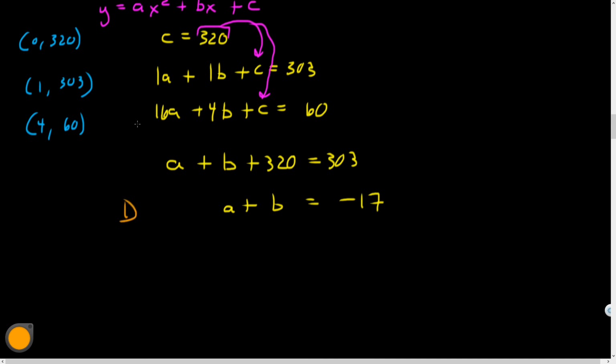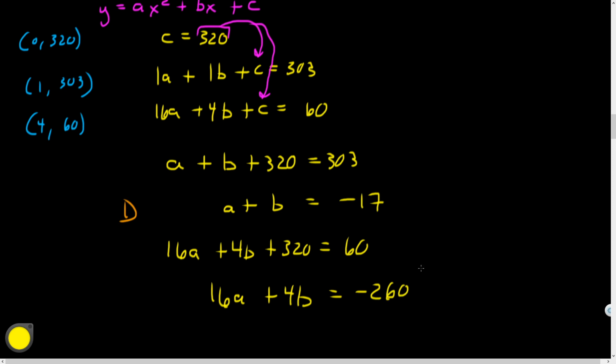This is my equation D, by the way. And then over here, I'd have 16A plus 4B plus 320 equals 60. Normally I write those in purple, don't I? I do. And so therefore, I'd have 16A plus 4B equals 60 minus 320, which is negative 260.